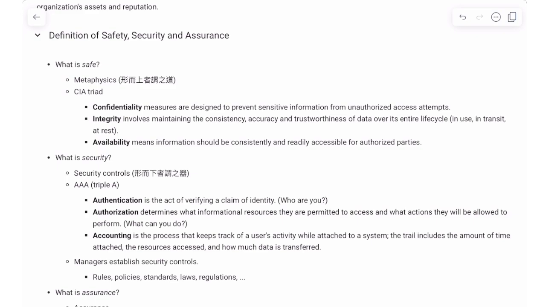For example, in a company, if there is a database, the database administrator can access the database, right? But a general programmer in a company can only query the database. It cannot delete any tables or any entries.